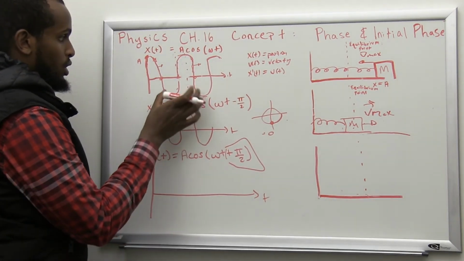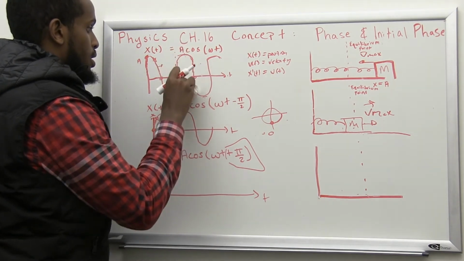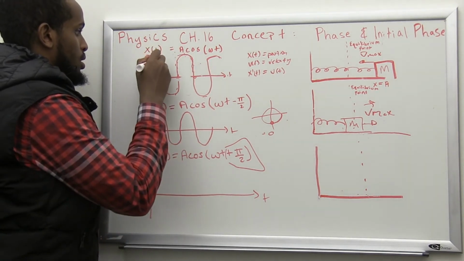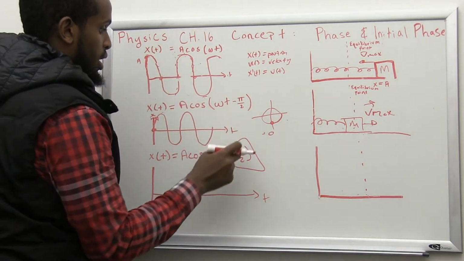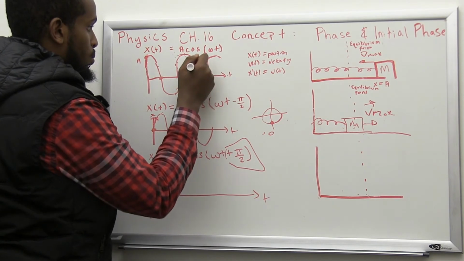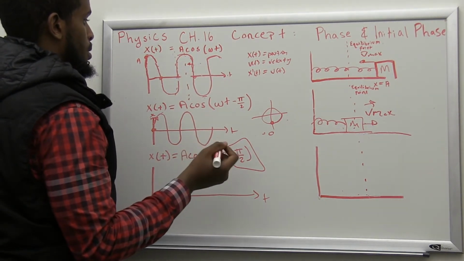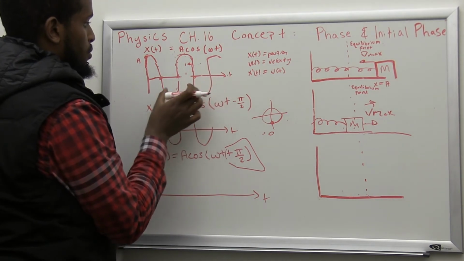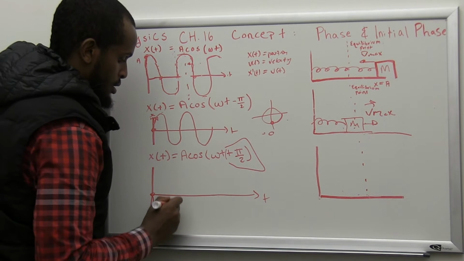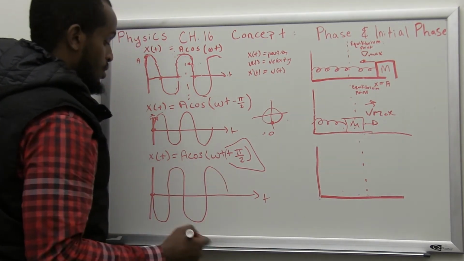So if our function was like this, let me erase that. That plus pi over 2 is going to make us move to the left. So now this whole thing is going to be shifted to the left. So that means it's going to look like this. Let me illustrate it, rough sketch.